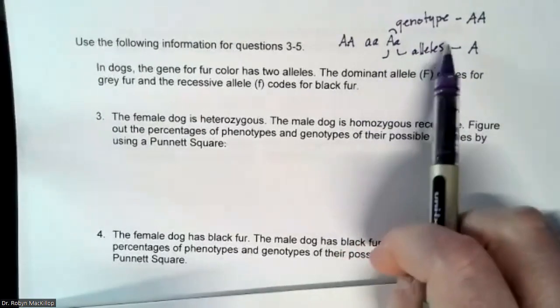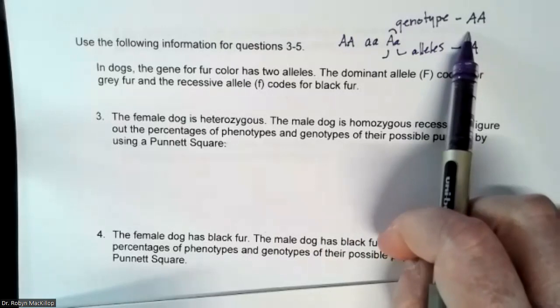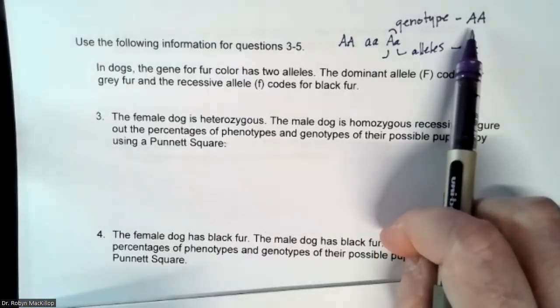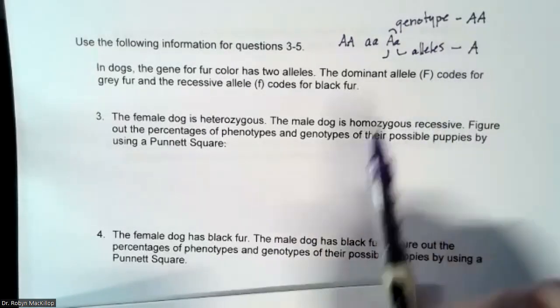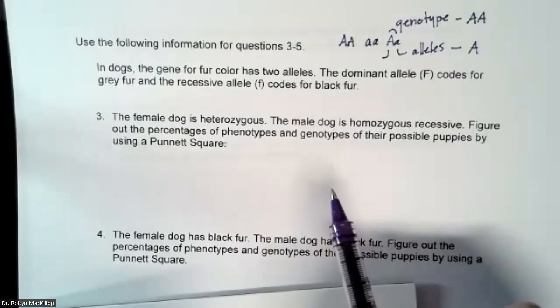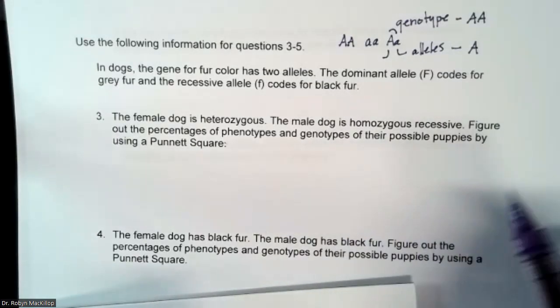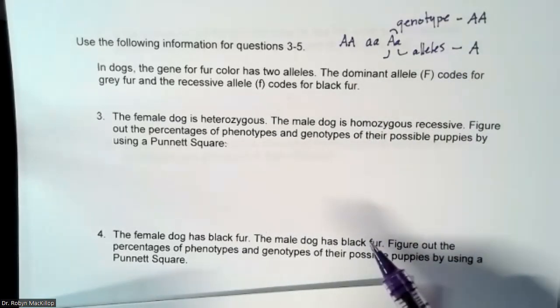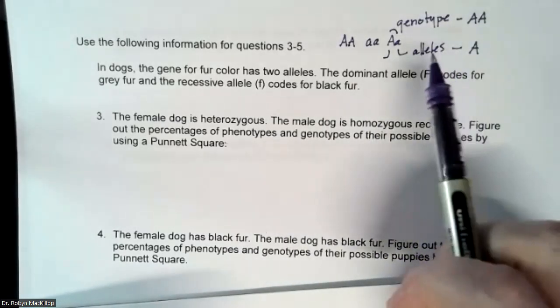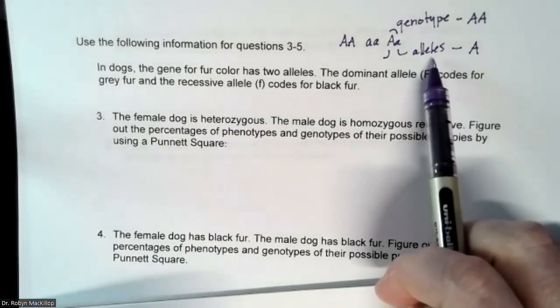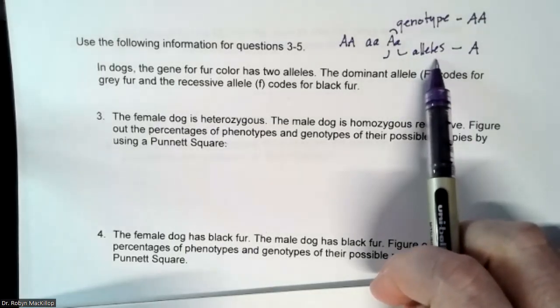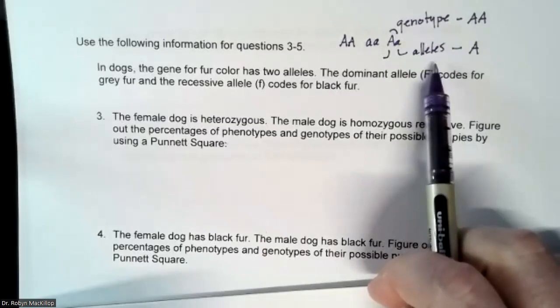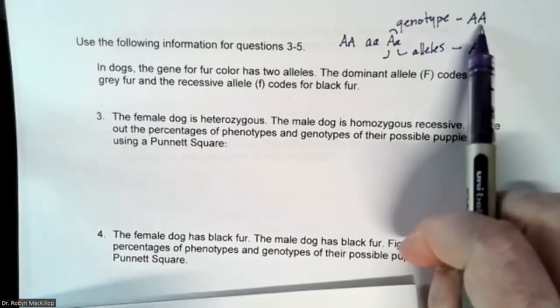So every human has this. If you have children, you send one allele to your child, and then your partner sends the other. So your child has two, one from each parent. Your parents each sent you an allele and gave you a genotype.